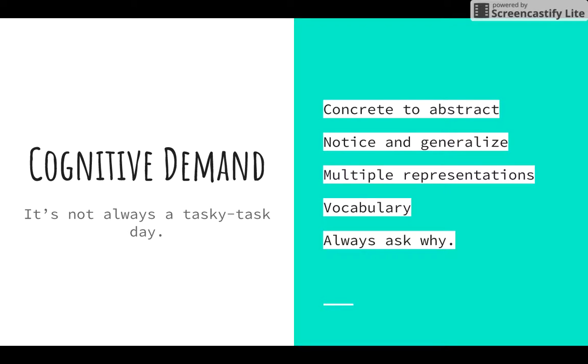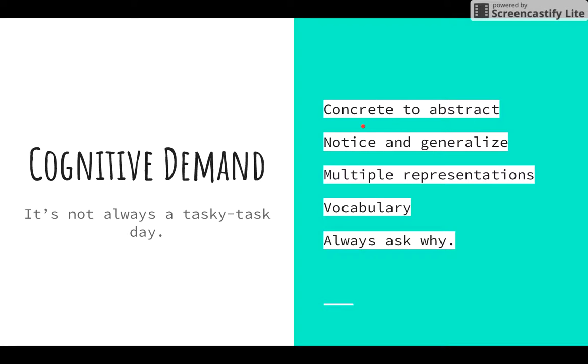Cognitive demand is this thing that we talk about in BTR all the time, and I think sometimes we think that it has to be a big Dan Meyer 3-act, do this thing and then discuss it day. And the reality is that it's not going to be that every day, especially I work in MCAS prep land and we can't do that every day.